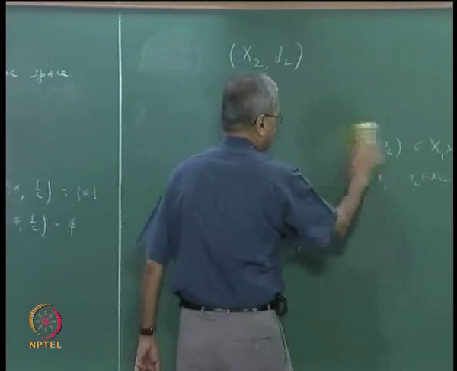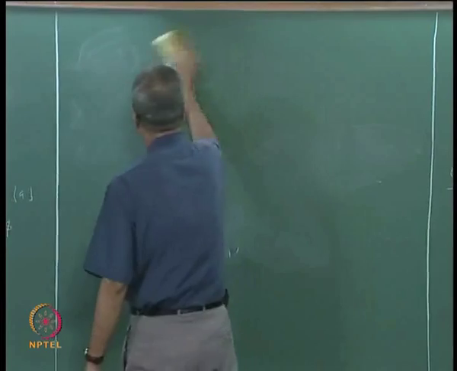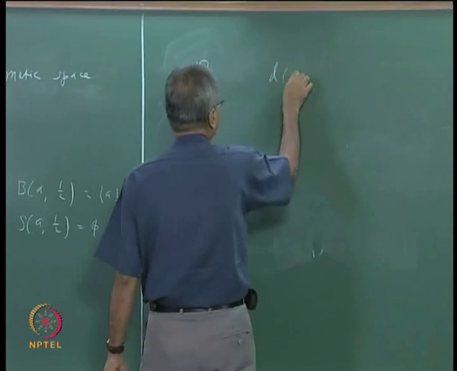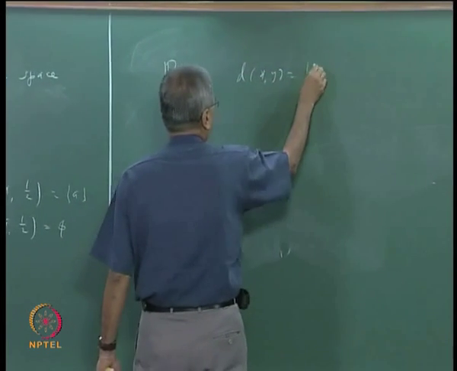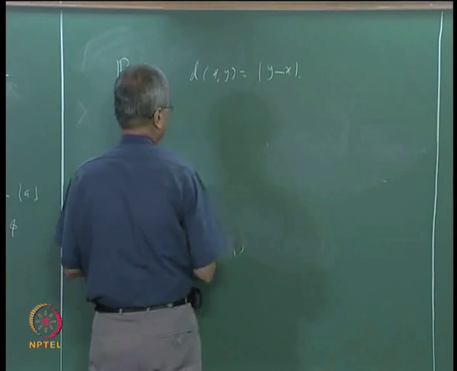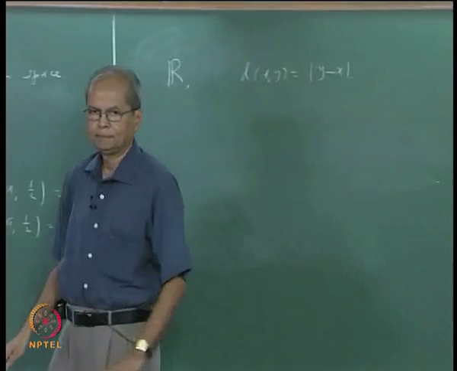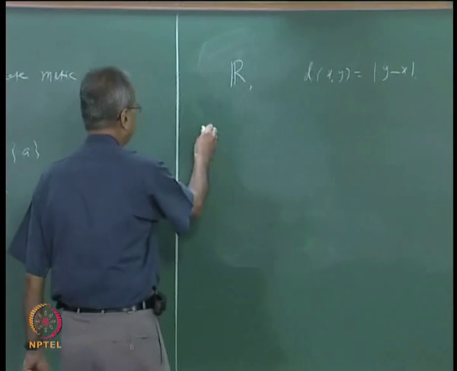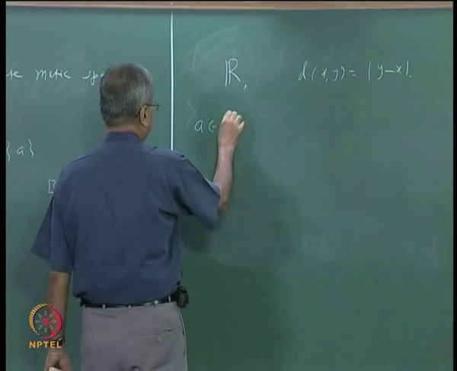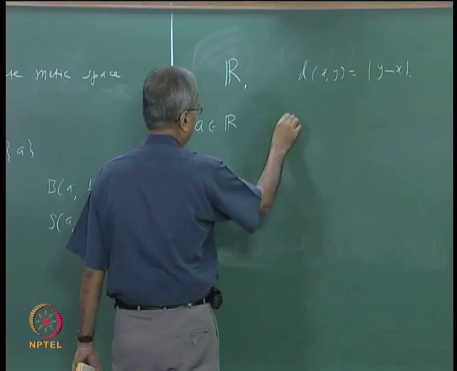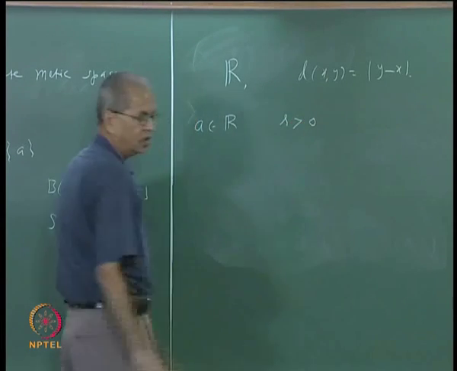Now let us take a little more familiar space: the usual R with the usual metric. What is the usual metric? It is d(x,y) equals mod y minus x. Suppose you take a as any real number and r is bigger than 0.